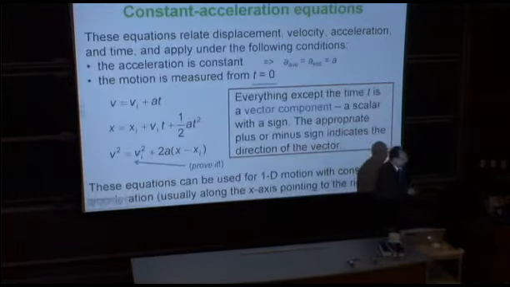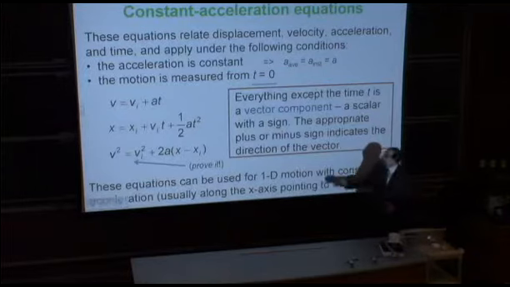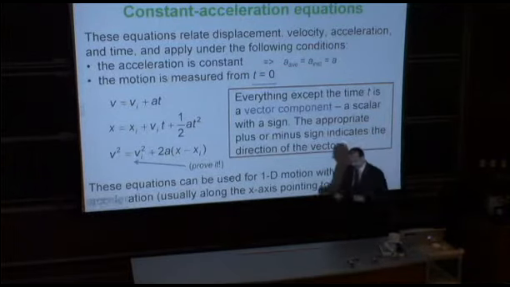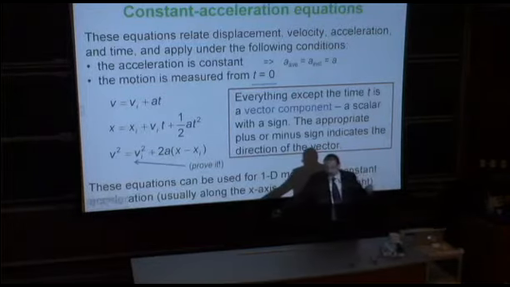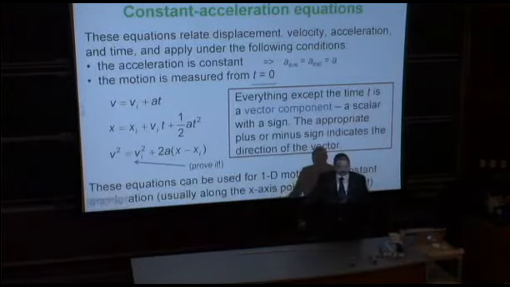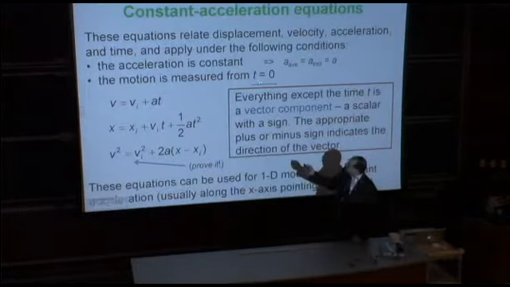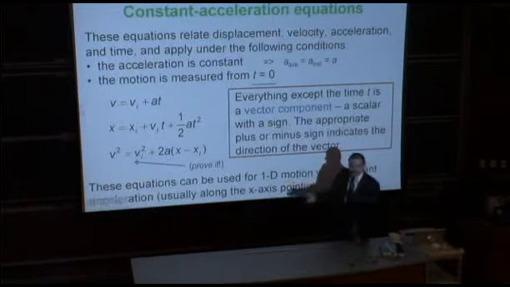And we know that if there's only one motion from t equals 0 to t equals t final, we can always start measuring time from 0. In that case, the velocity equation and the motion equation look very simple.